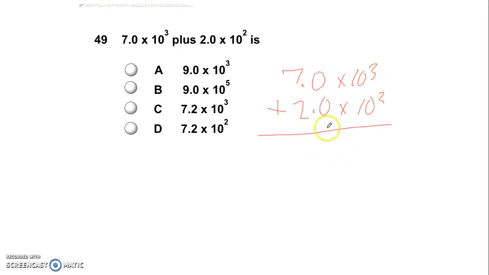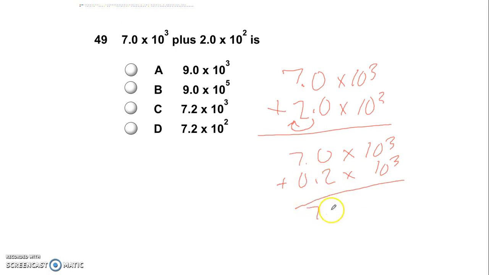The difference between 3 and 2 is just 1, so we just need to move this to the left once. So now we have 7.0 times 10 to the third plus 0.2 times 10 to the third. So 7.2 times 10 to the third. So the answer is C.